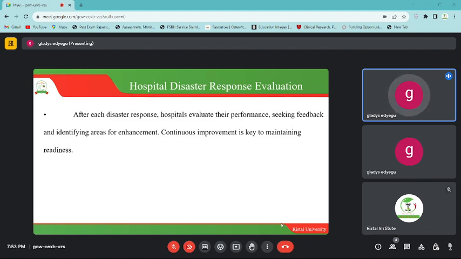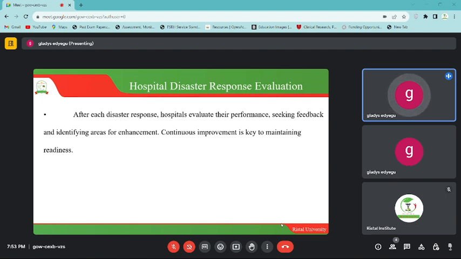And by you identifying those areas for enhancement, it will help you also actually improve on your continuous quality improvement, and you're able to address the weak areas, and you're able to applaud the good areas where you did well. So this will help you to actually maintain your readiness.